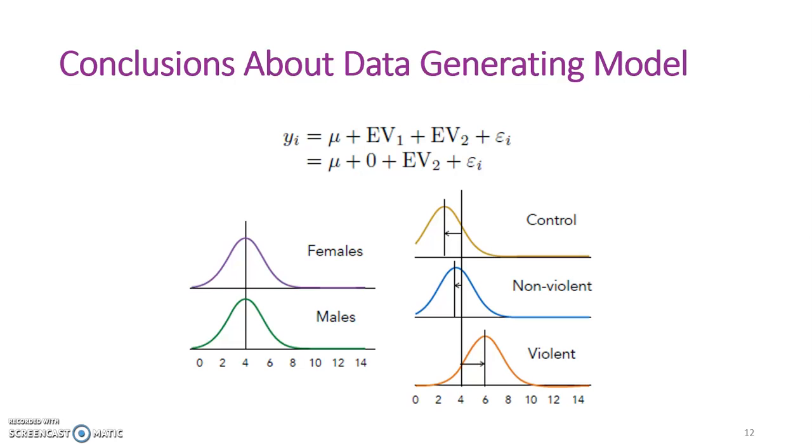There is no difference in aggression for males and females when we just take that predictor into account, and so we've zeroed that out in the data generating model. The data generating model is really only going to include the influence of predictor 2, the difference between control, nonviolent, and violent video games.